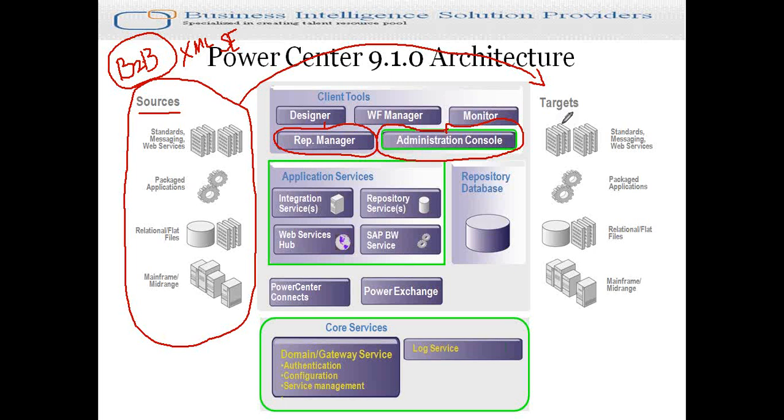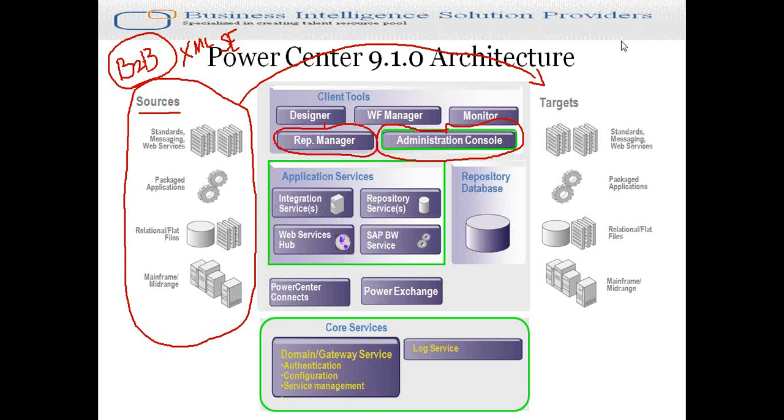That can be any number. Usually in most of the top level projects, it will be close to 400 to 500 million records, which happens on a daily basis.